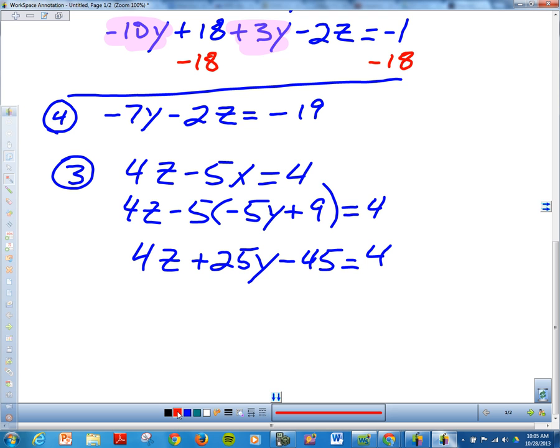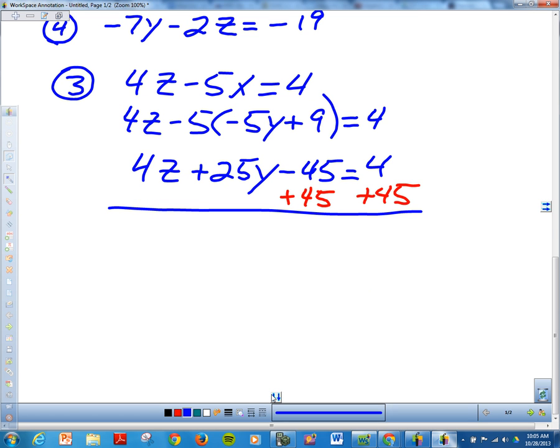So what should I do now? Add the 45 over. And then I have, so when I wrote equation 4, right, the y term came first and the z term came second. So I want to switch the order of these two terms, right?